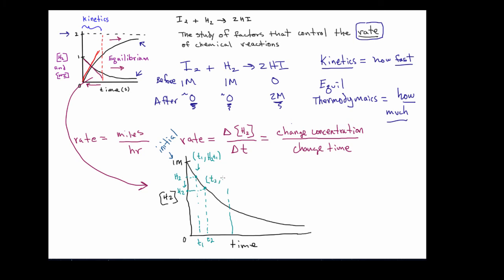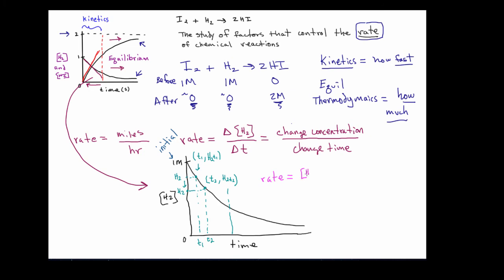And then we're going to have our H2 concentration, which is now going to be at t2. Now, how do we find the rate? So the rate of the reaction, and in this case it's going to be an average rate, is going to be the rise over the run.